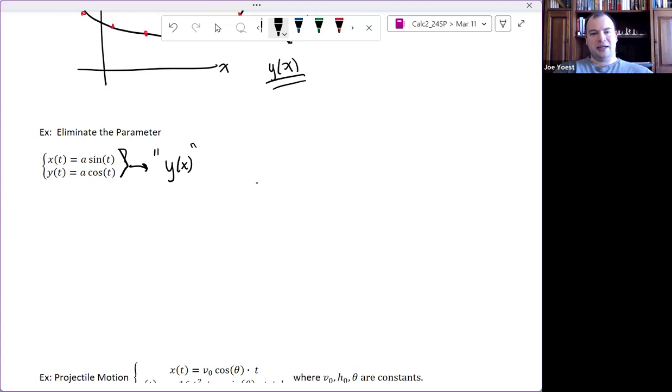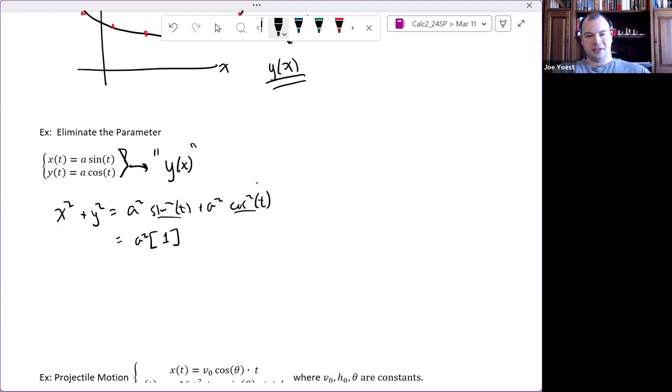Here I might note that this seems very circly. And I might note that x squared plus y squared, this is a squared times sine squared of t plus cos squared of t, which is just 1. So I ask myself, how can I get rid of the t bit here, the sine of t and the cosine of t?